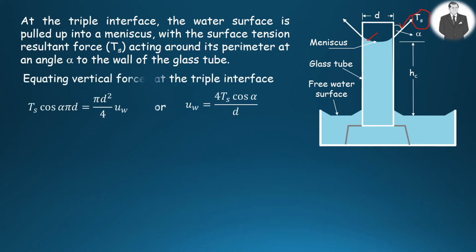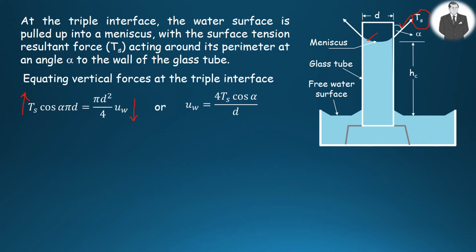Now, equating vertical forces at the triple interface. Let us see what they are. The component of the surface tension resultant force acting upwards, and the other is the water force in the glass tube acting downwards.